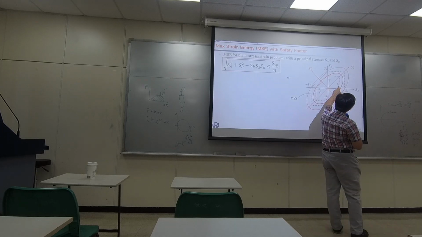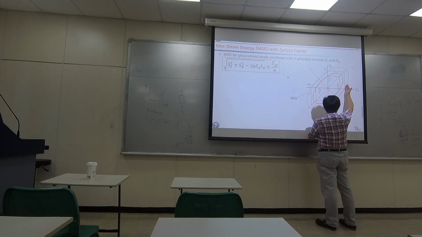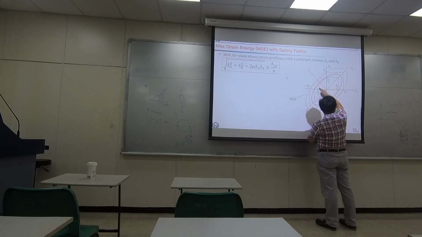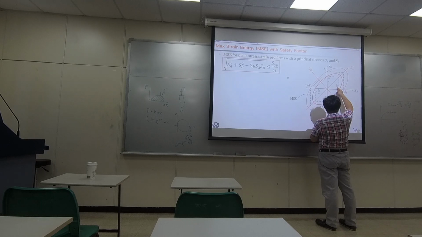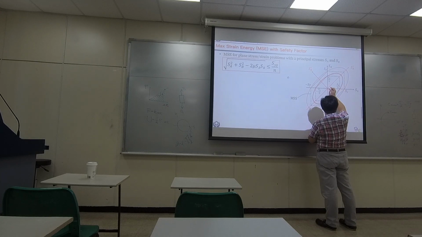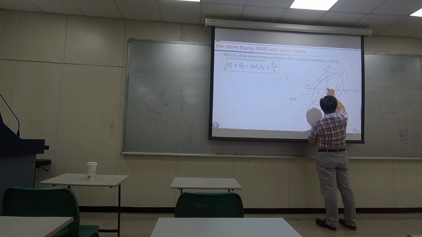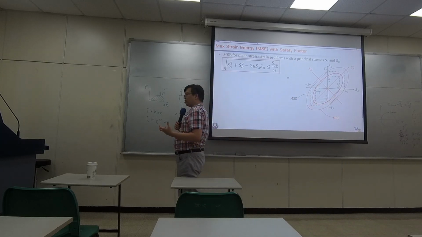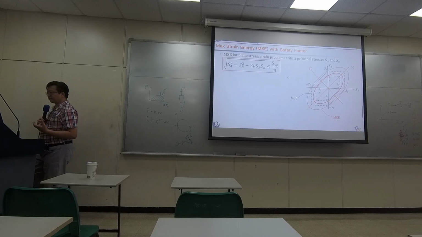So if n equals 2, you push this yielding point to a half of it. Then you will have a design shape so small like this. If your safety factor is 10, it's like you shrink this limit 10 times, you have such a small design space. Okay, so it really depends on how safe you want your design to be.